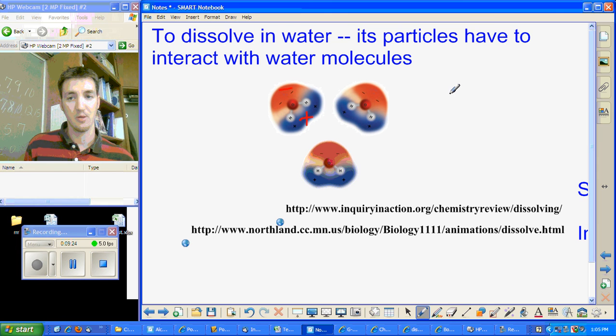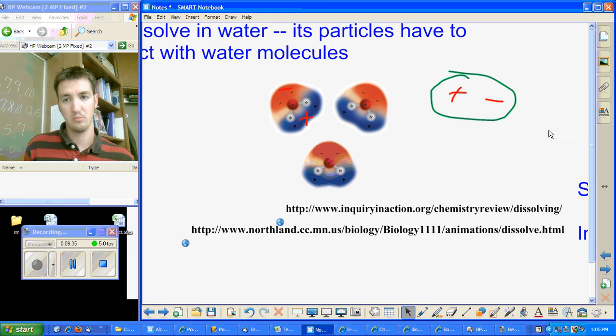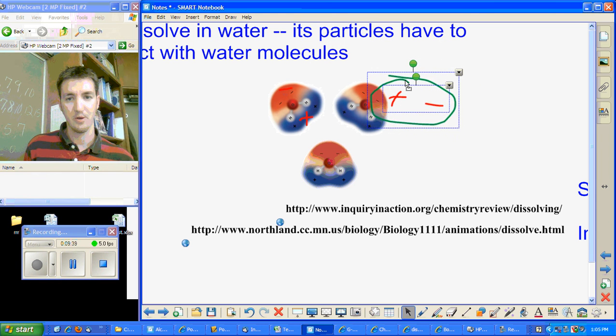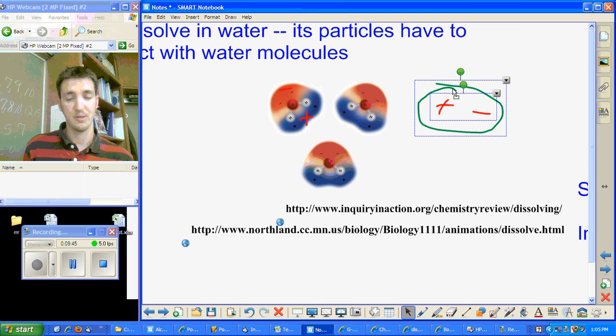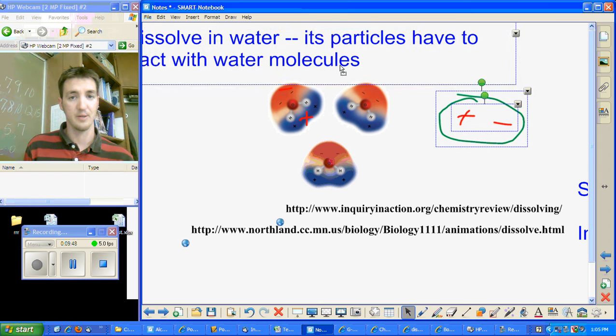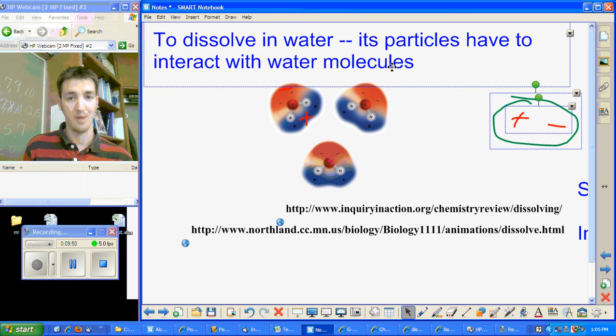If another molecule with some positive and negative in it comes along, it's going to interact with water in a certain way. That positive is going to be attracted to the negative of that. If you have something else without the positive and negative, it just doesn't care. That's like if you have a piece of styrofoam and a magnet, it doesn't matter.